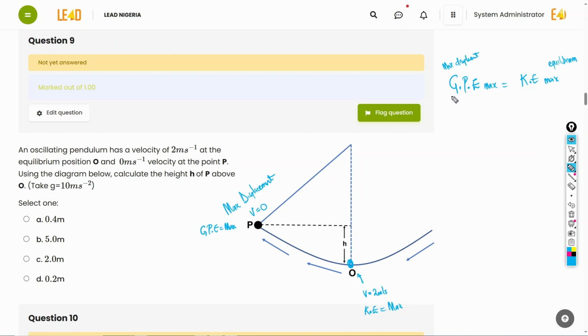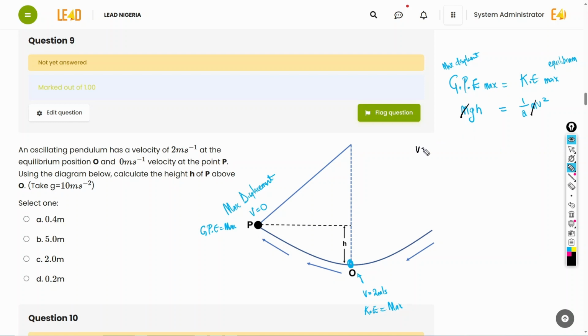What is the formula for GPE, gravitational potential energy? That is mgh. We can say mgh must be equal to half mv squared. Looking at this closely, you would see that we can cancel out the masses on both sides, which means that this relationship really has nothing to do with the mass of the objects involved.